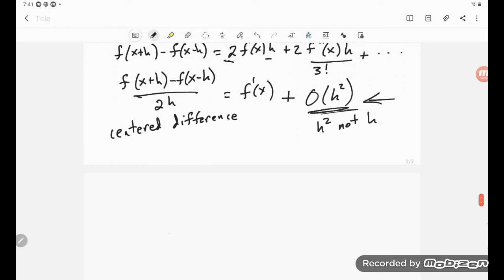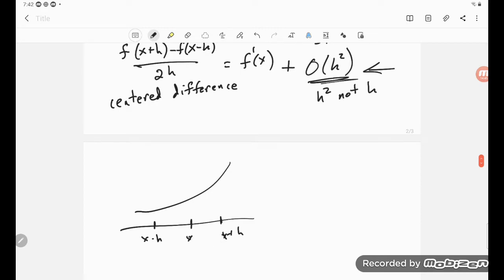And again, if you try to use pictures as your inspiration, here's x minus h, here's x plus h, and if I want to get the slope here, it looks in the picture like this slope, the one we just found, is much closer to the true slope than if we took either the right or left-hand side.